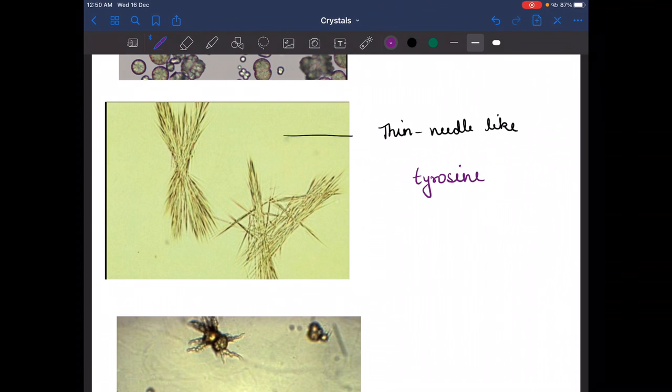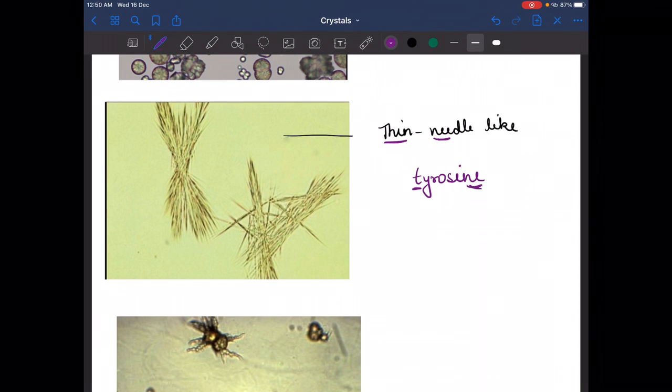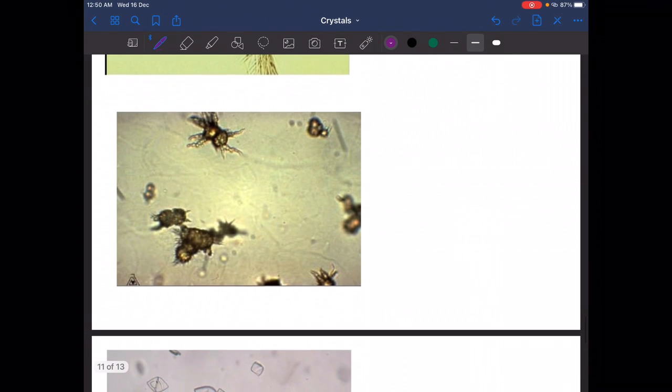We can learn it by the name also: Ne for needle and T for thin needle. So it's thin needle like. Now let's move to the next photo.